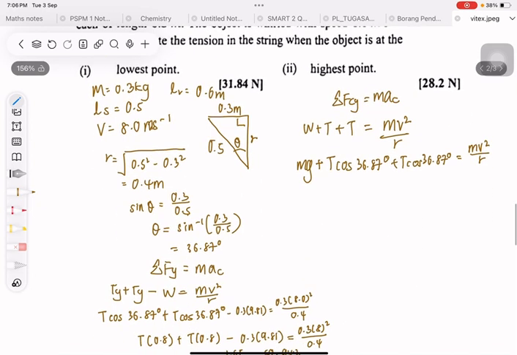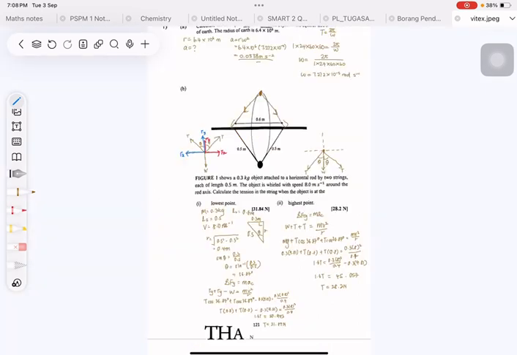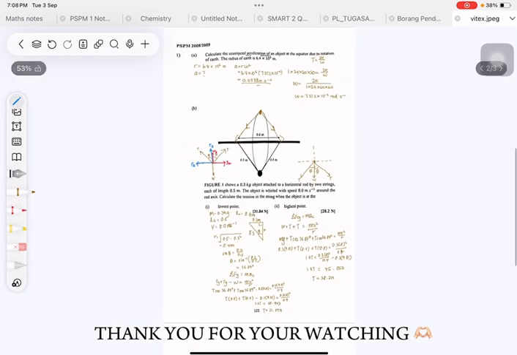Now we just need to sub our values into this equation, and we will get the tension when the object is at the highest point. So 1.6 T is equal to 0.3 times 8 squared divided by 0.4 minus 0.3 multiplied by 9.81. The tension in the string when the object is at the highest point is 28.2 Newton. So this is the end of these questions. Thank you.